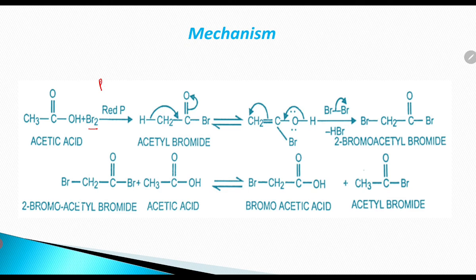Actually red phosphorus plus bromine gives phosphorus tribromide first, and we know that carboxylic acids on reaction with phosphorus trihalides or phosphorus pentahalides are converted to acid halides, that we have seen in the previous chemical properties. So acetic acid on reaction with bromine in the presence of red phosphorus gives rise to acetyl bromide. Acetyl bromide is obtained.